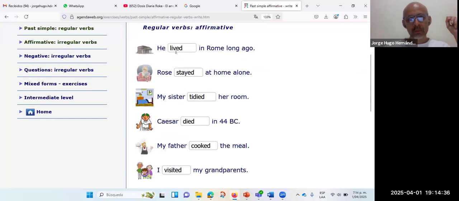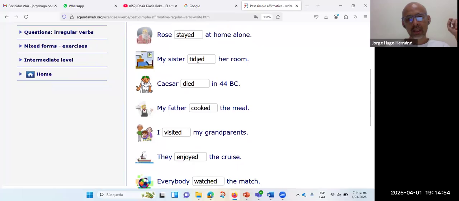But sometimes the verb finishes with an E. So you only have to add D, no more. When the verb finishes in E, you have to add D, no more. Okay?